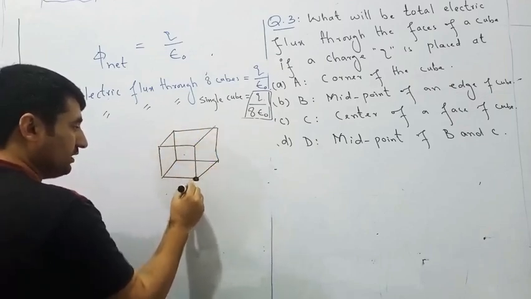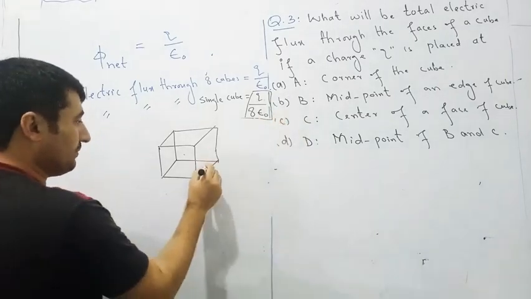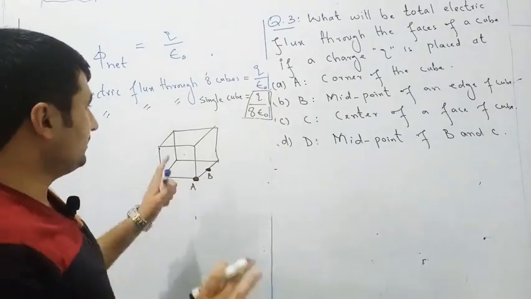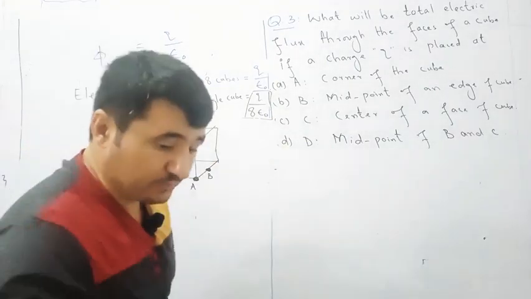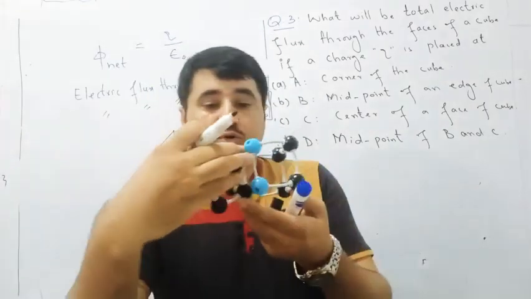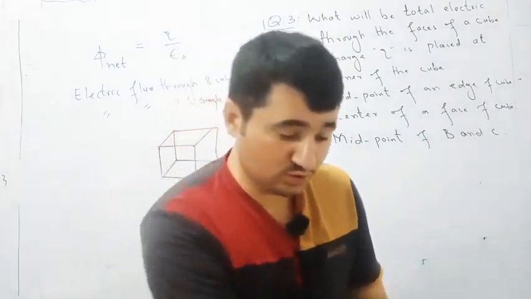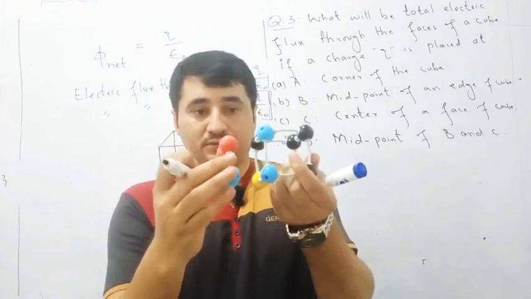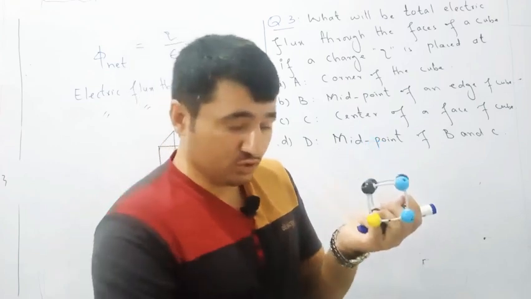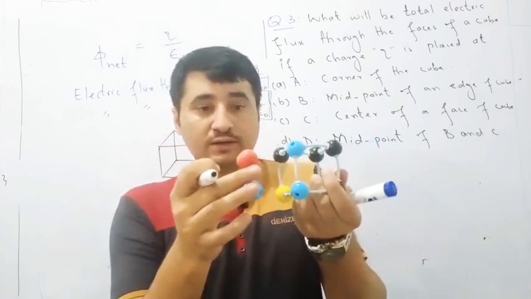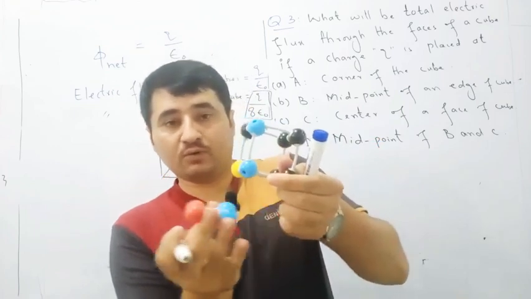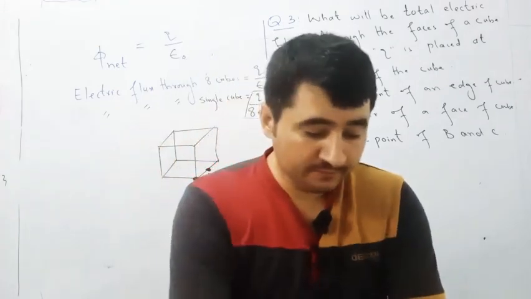Initial case was this one, at point A. Next, if the charge is here at the middle, at point B, then again what will you answer? In this case, to enclose the charge, one cube will come here and two will be there. So total cubes are 4 in this case.